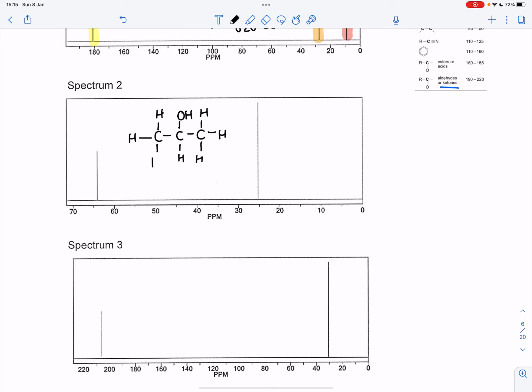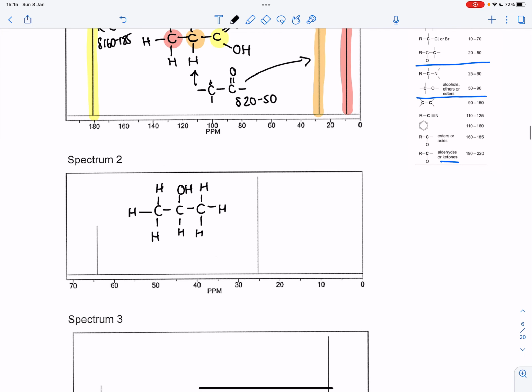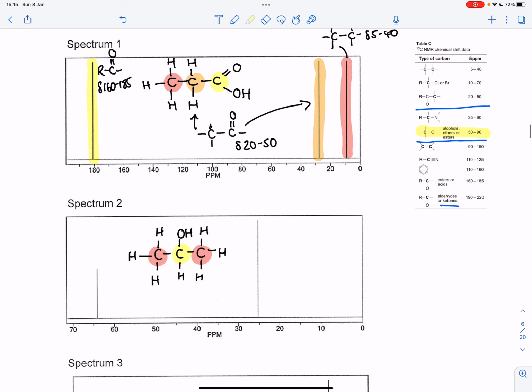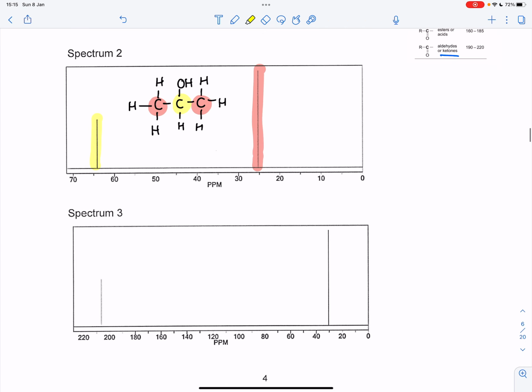This would be propan-2-ol, because for propan-2-ol, if we remember, we had our red type and our yellow type, our red type on the outside and our yellow type in the middle, and our yellow type being this, 50 to 90, and our red type being just 5 to 40. So this was our red type here, and this was our yellow type, which left spectrum 3 as propanone, and we can just see whether that matches up.